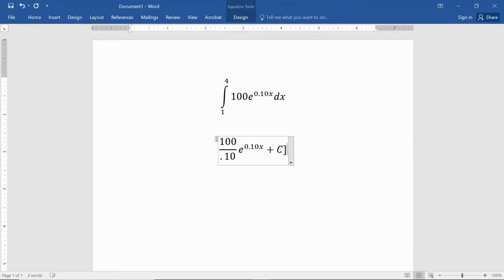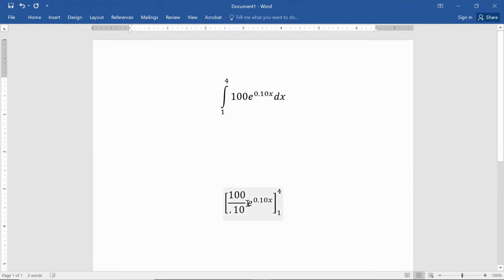And then that's the antiderivative or the class of antiderivatives. Since I'm doing a definite integral, I can let my constant be 0 and then plug in 1 and plug in 4. I want to emphasize this bounds argument though.